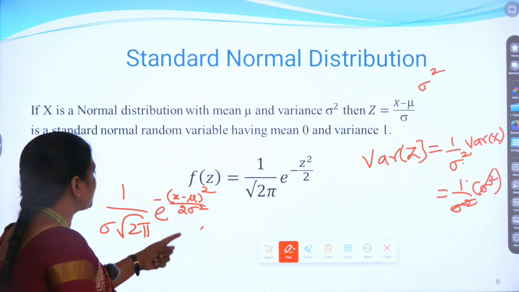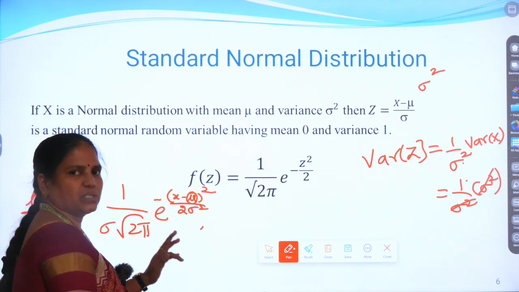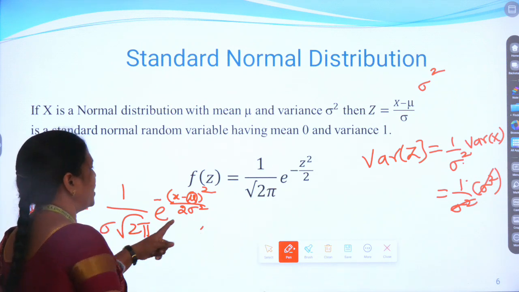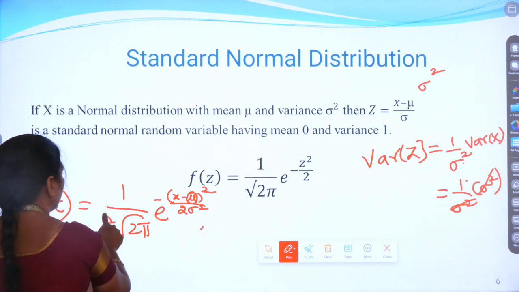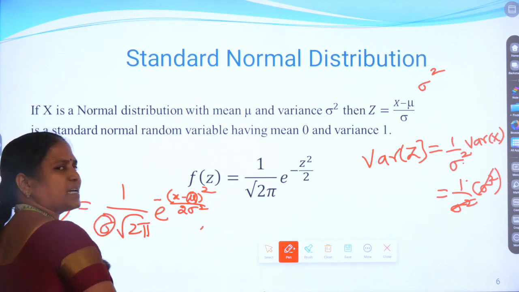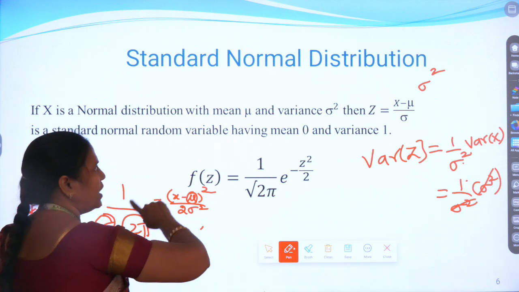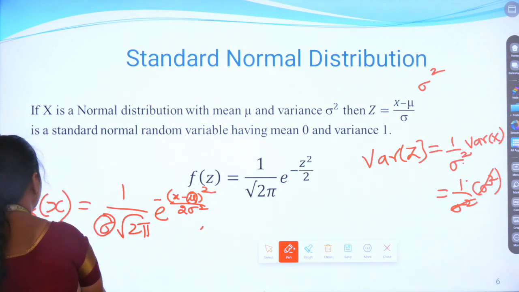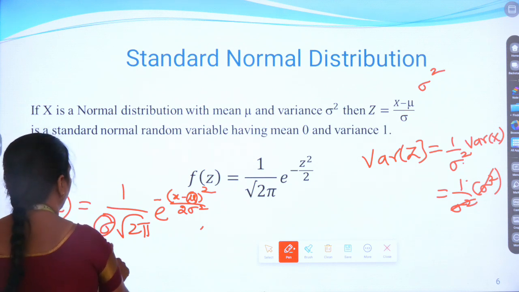If you substitute 0 instead of the mean, it becomes x square in the numerator. Likewise in the denominator, instead of variance, we substitute 1. Standard deviation is also 1. So we are transforming the normal distribution into standard normal distribution.